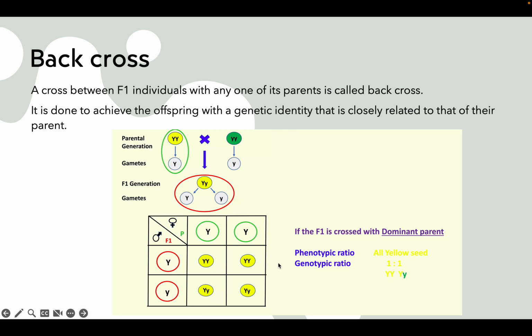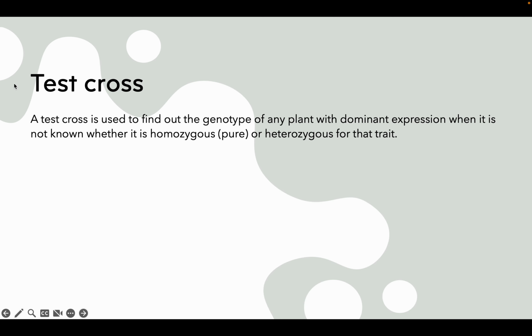The back cross can be with either parent, the dominant one or the recessive one. The back cross with the recessive parent is also called the test cross. Why? The test cross is done to find out the genotype of any plant or anything that you want to know.